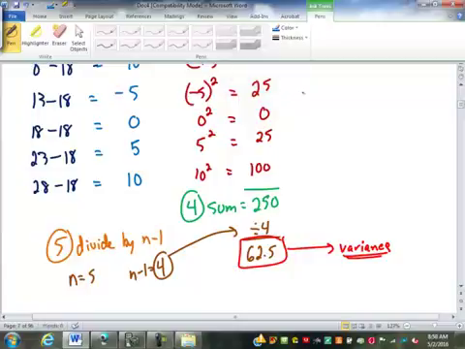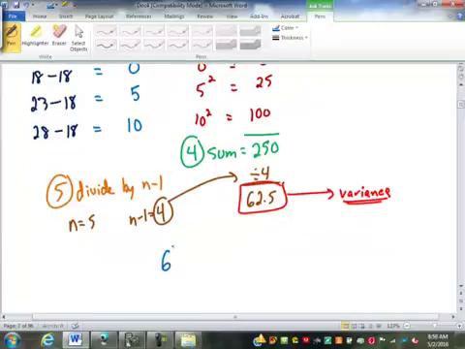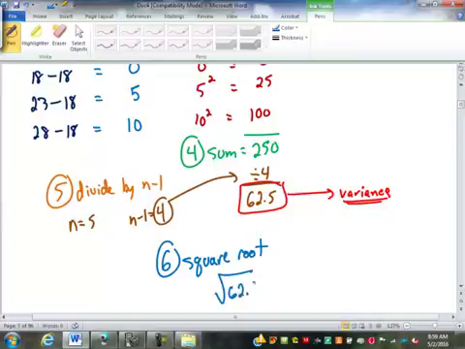But then there's step 6. Now in step 3, we squared them. In step 6, we must square root that number. So the square root of 62.5 is 7.91.